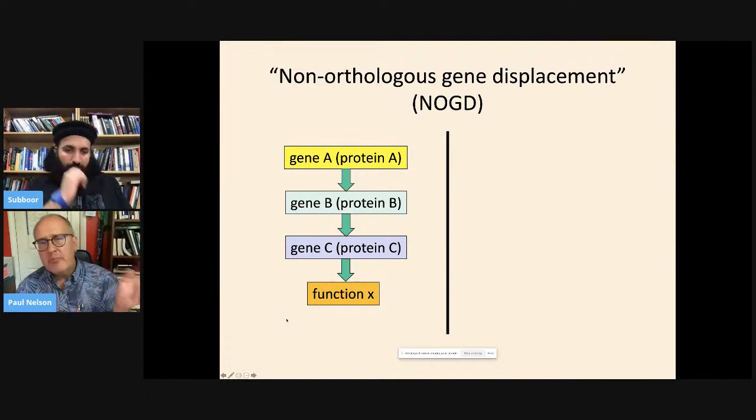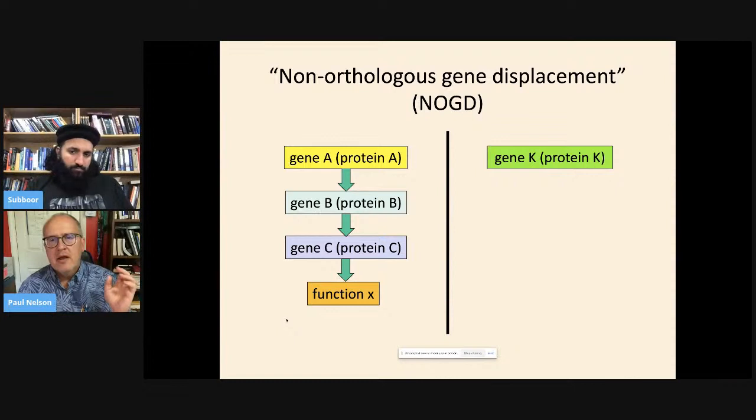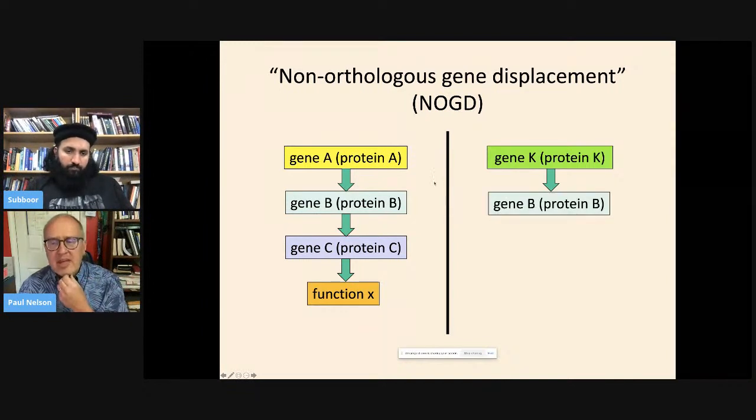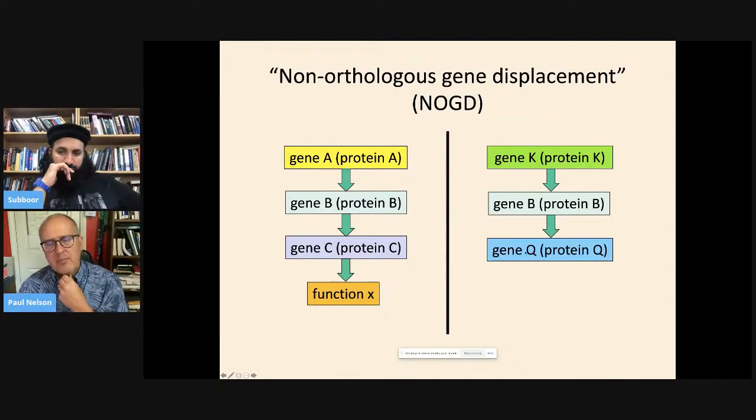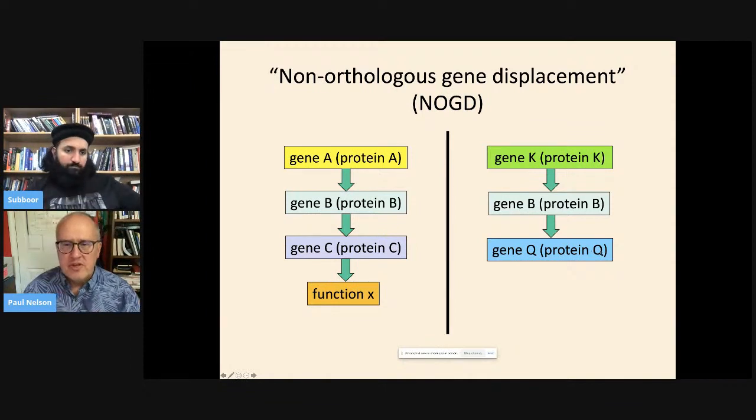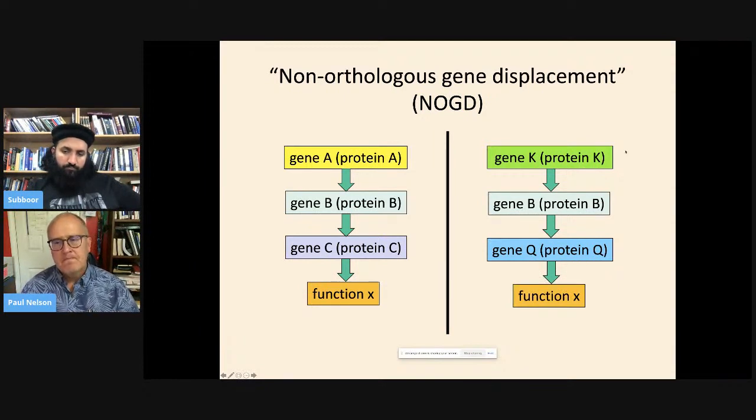But then we look in another bacterial group, maybe in the same clade, like the proteobacteria, and we see gene K, which is not homologous with gene A. It's producing protein K, which is not homologous with protein A. B is still there. So we observe homology at the second step in the pathway. But at the third step, we observe gene Q producing protein Q, which is not homologous with C, yet they are enabling the same cellular function.